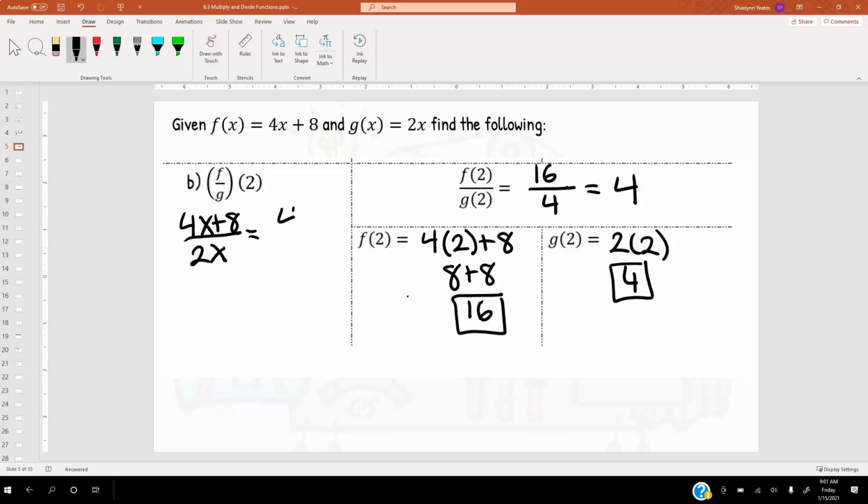So then this is going to be 4 times 2 plus 8 all over 2 times 2, which becomes 8 plus 8 over 4, which is 16 over 4, which is 4. If you notice, we get the same answer both times.